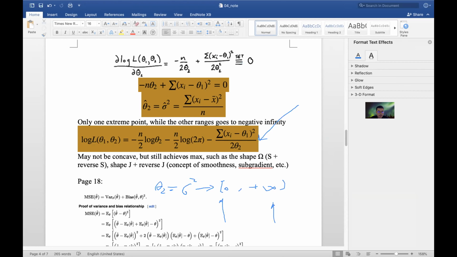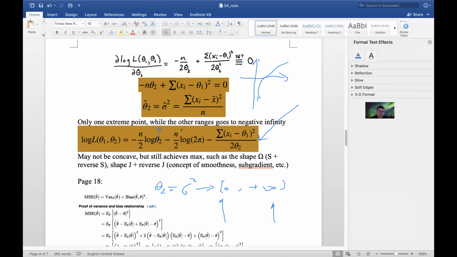Firstly, what if theta 2 is 0? We know that log is of this shape. Your theta 2 can get infinitely close to 0, and your y will be negative infinity.